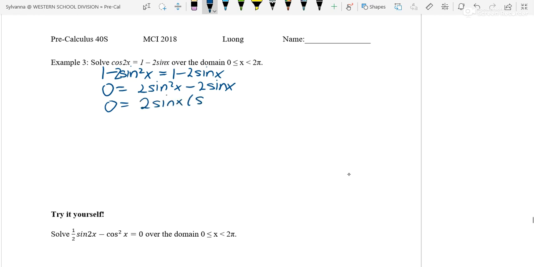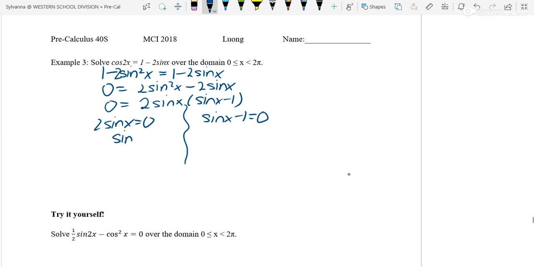If I do that, I'm left with sine x minus 1. So remember, we're going to solve for this on one end and the other end. So I'm going to split it down the middle like this. So I have 2 sine x equal to 0 to solve for, and then I have sine x minus 1 equal to 0 to solve for.